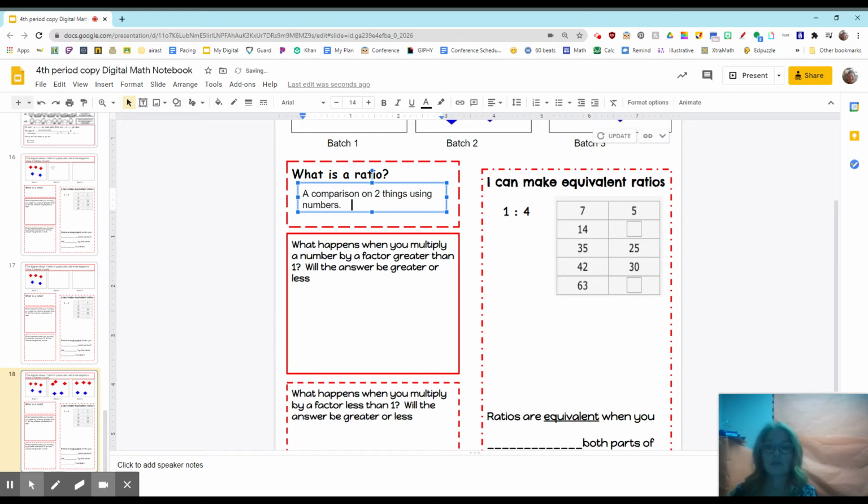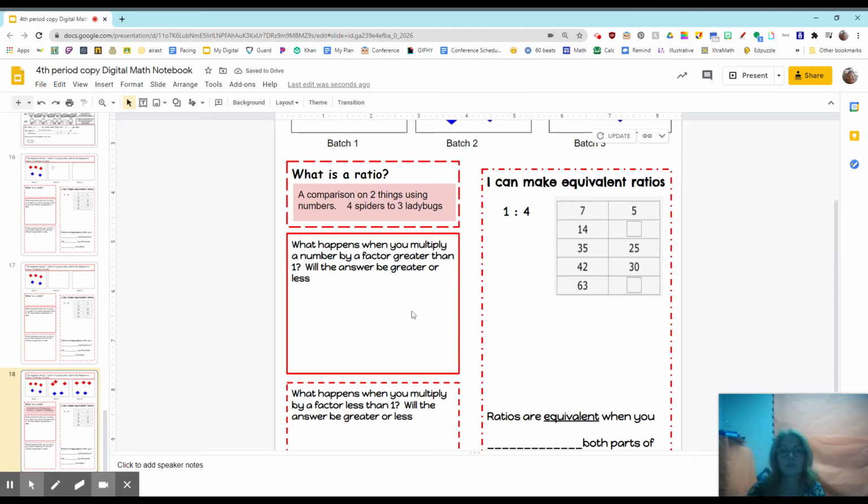And then you could have an example of like 4 spiders, 2, 3, I don't even know, ladybugs. That could be our ratio. And I like to have a color.